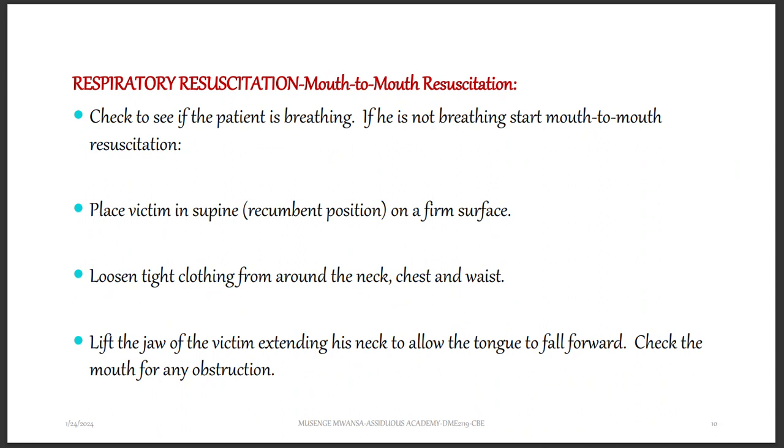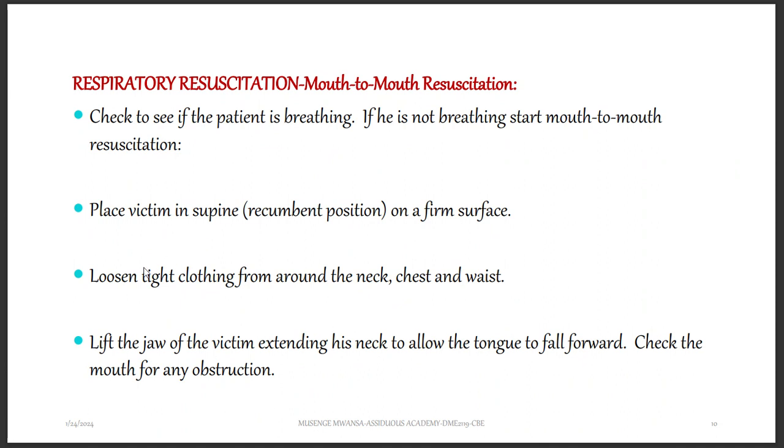What you do is you place the victim in a supine position, which is also known as a recumbent position, on a firm surface, or a surface that is strong enough so that they will not sink. A supine position is where someone is facing up, lying on their back.